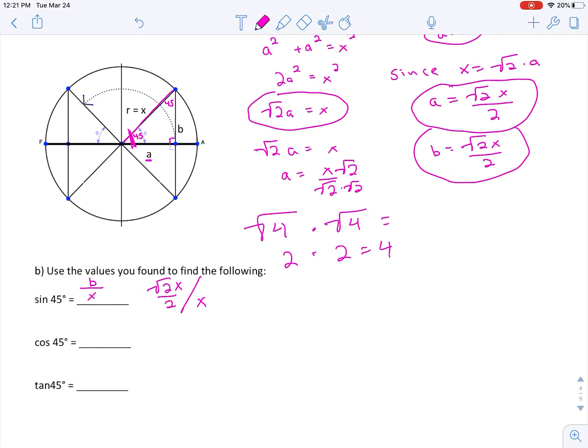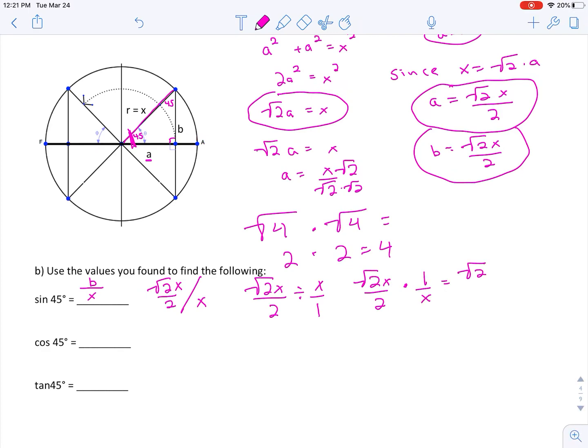So when I do that division, I need to see what I'm going to get. If I have the square root of 2x over 2, and I'm going to divide that by x, I might think of it like this. I'm going to use inverse operations here and take the reciprocal of my second fraction.